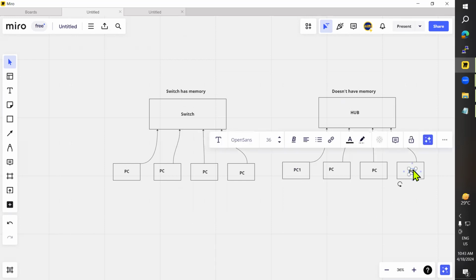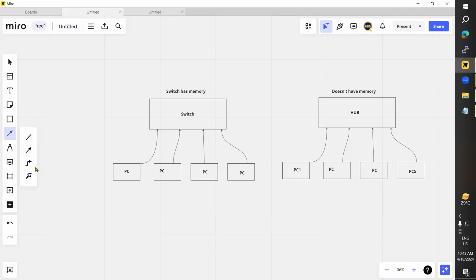Let's say this is PC1 and this is PC5. PC1 is sharing information with PC5. But what does the hub do when the PC is sending a request or data to PC5?